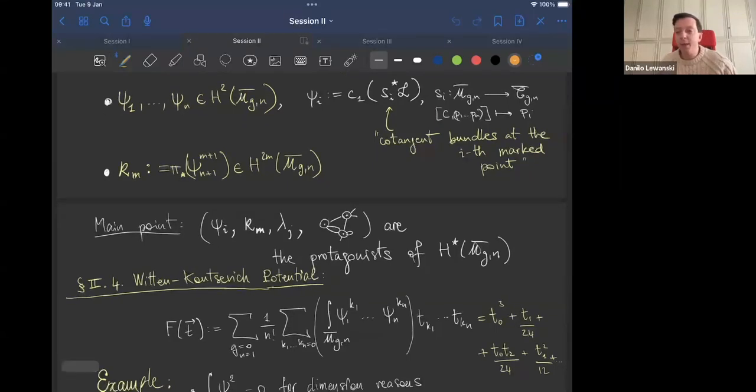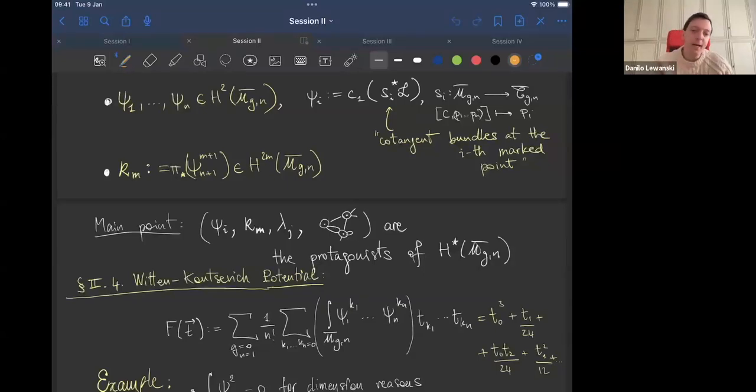And because M_{g,n+1} as a moduli space has one more complex dimension than M_{g,n}, this map will also lower the dimension in cohomology by 2. So that's why we took the exponent m+1, because now that we're going to forget about the last marked point, we're decreasing the dimension by 2, and we will end up in something that we call kappa_m that will sit in the H^{2m} group. So this is the reason behind the shift of the indices.